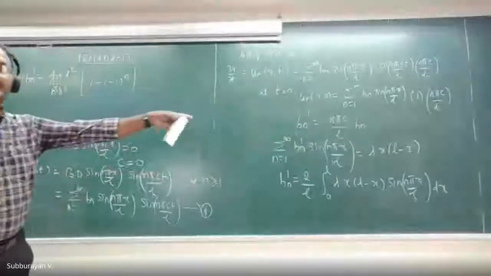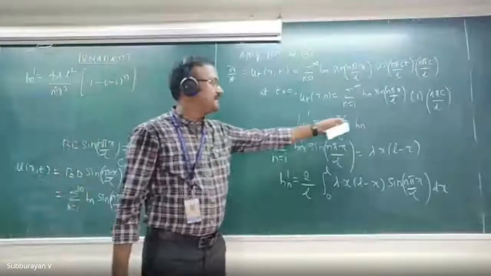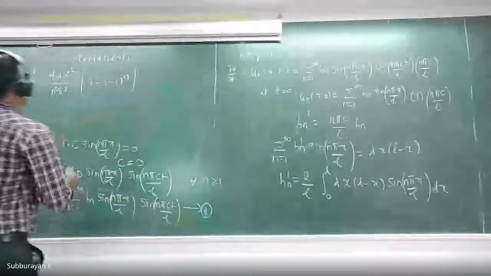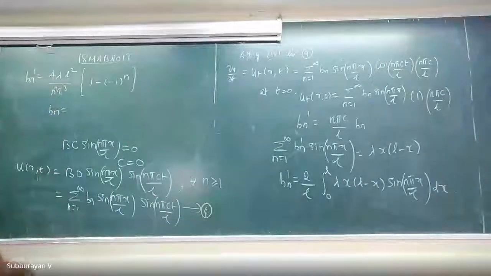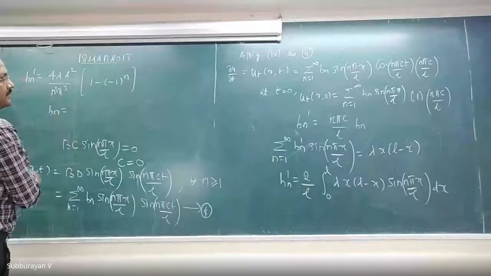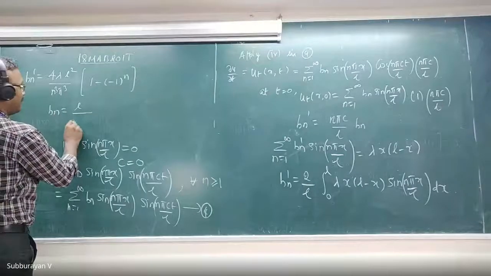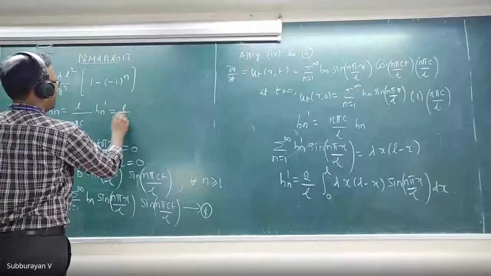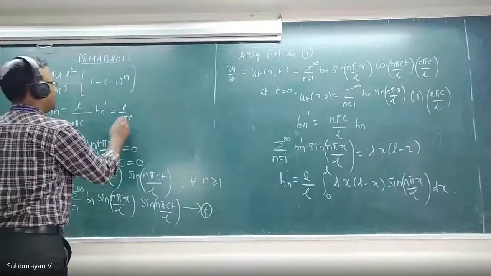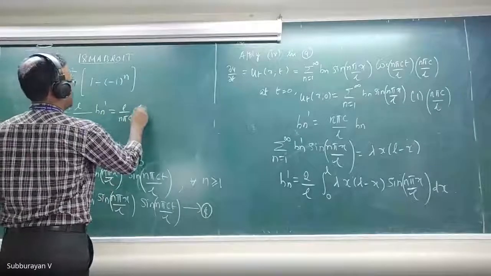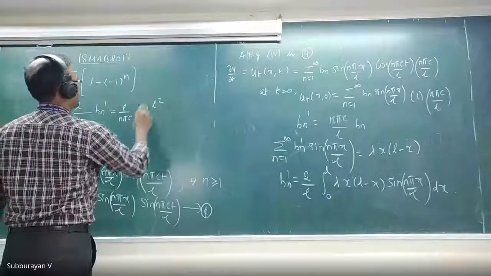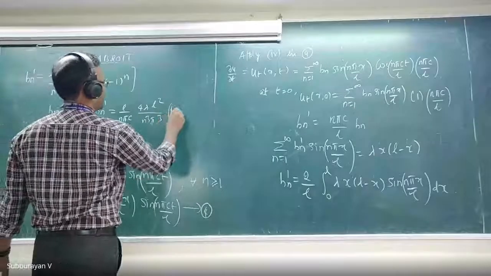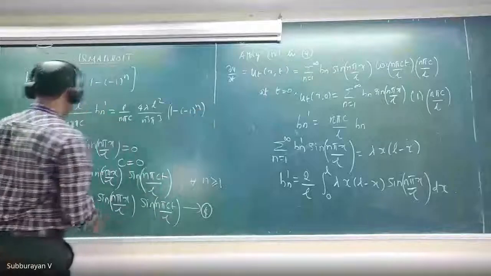See, we have a relation: Bn dash equal to n pi c divided by L into Bn. Therefore our Bn is equal to what? We just cross multiply. This is L divided by n pi c into Bn dash, that is 4 lambda L square divided by n cube pi cube into 1 minus of minus 1 whole power n.